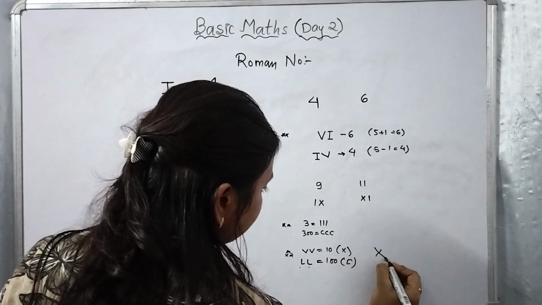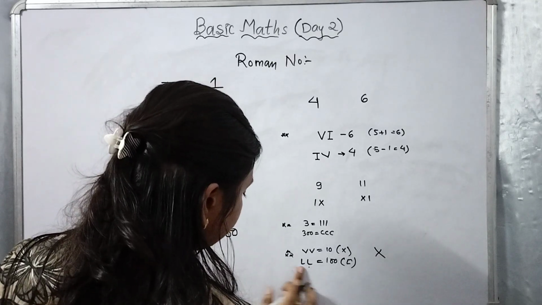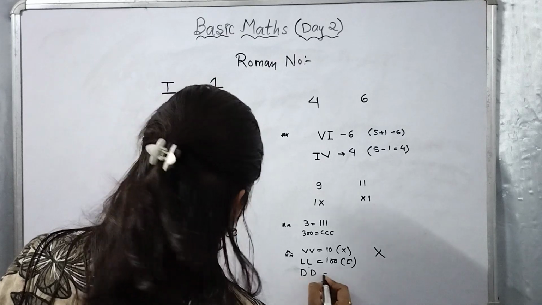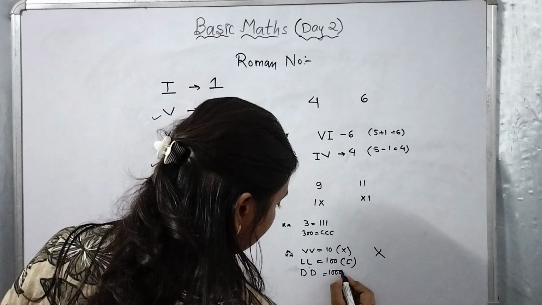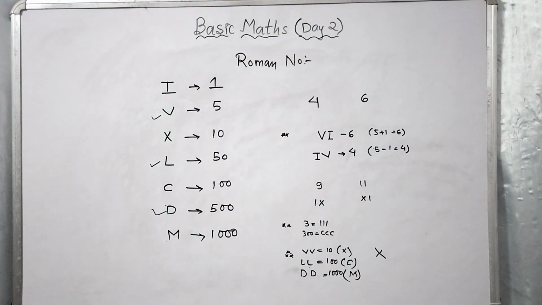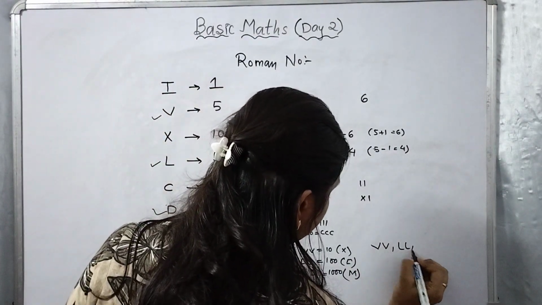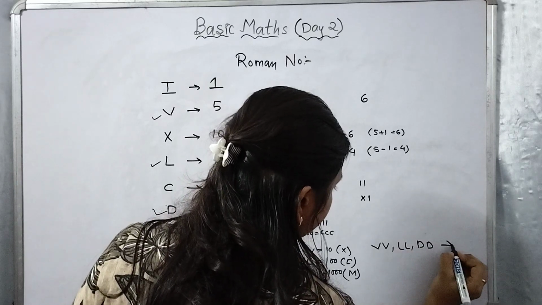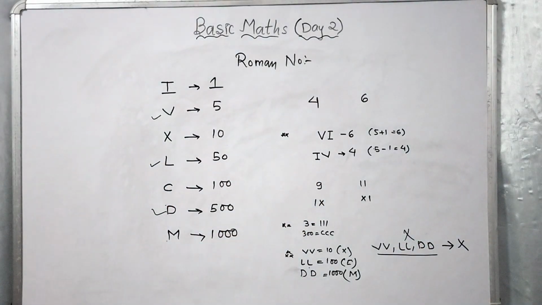This is wrong. Fine. And for D, that is 500 plus 500, you can't write 1000 in this way because we have M for 1000. So you need to remember that V, V, L, L, D, D cannot be written twice. This is wrong. Fine. So this is one of the important things which needs to be remembered.